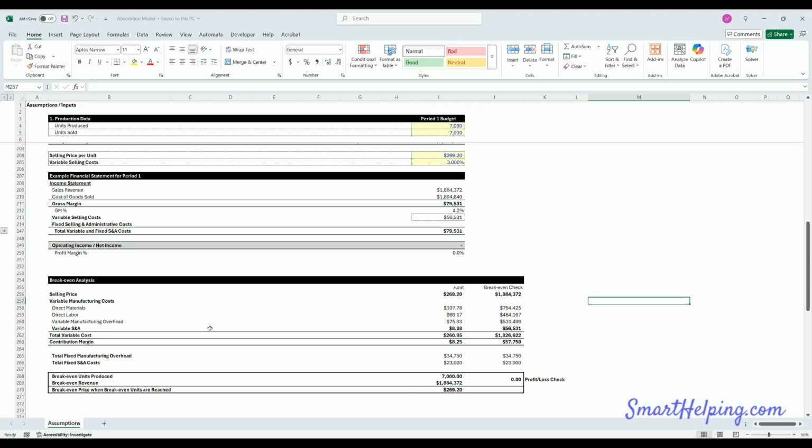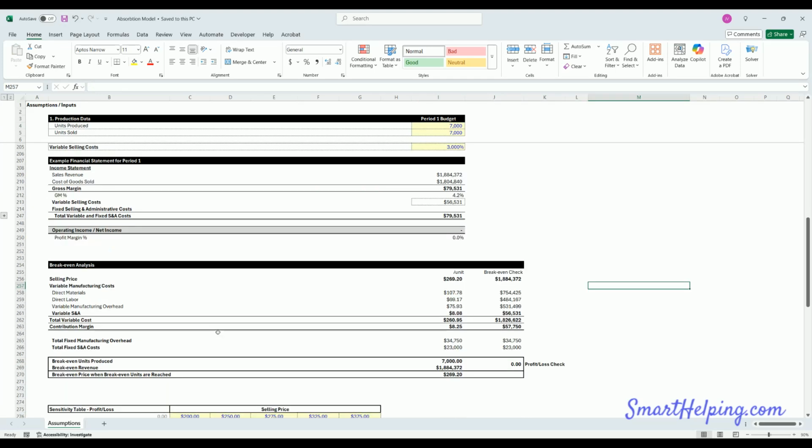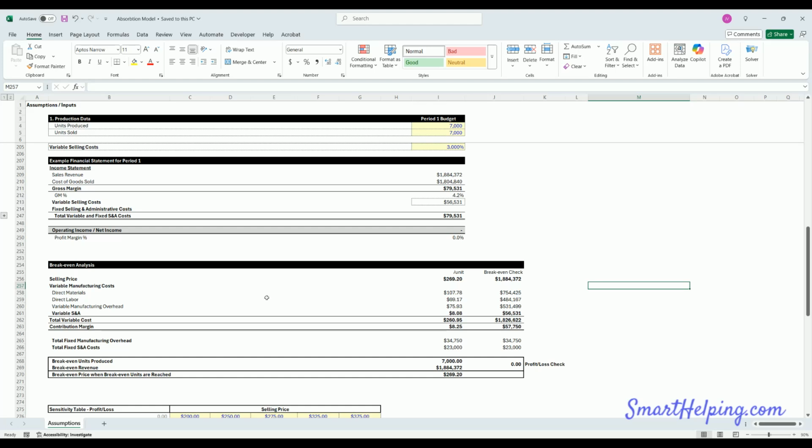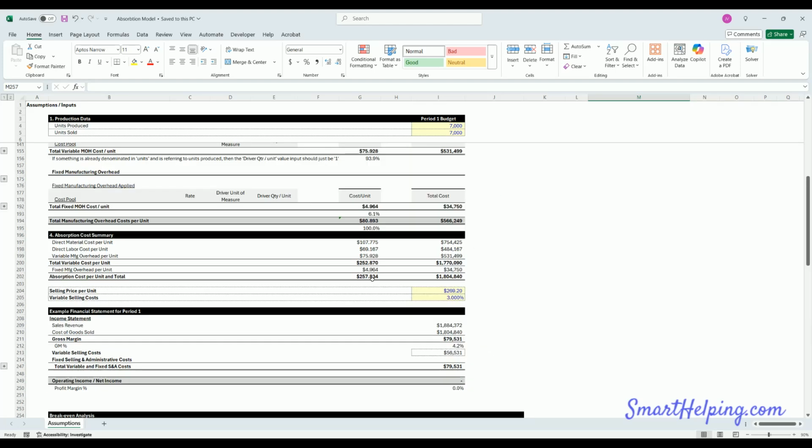Okay, so you can have fun with this. Work the logic. If you're trying to learn manufacturing costing, this is a great template to start. Especially this stuff down here. I mean, really the main thing, get comfortable with absorption costing and the cost per unit and how that works, and really study it.